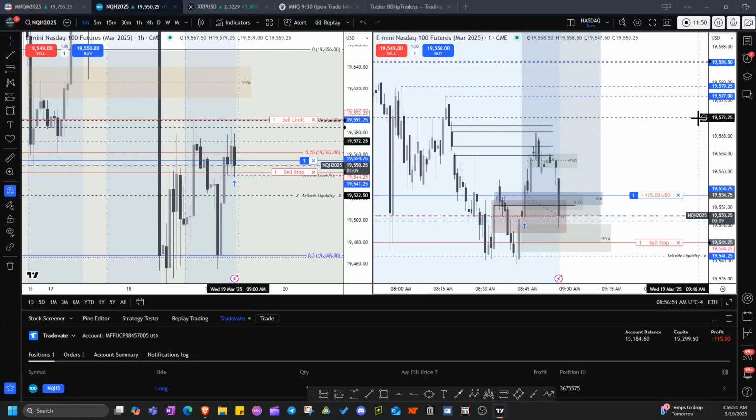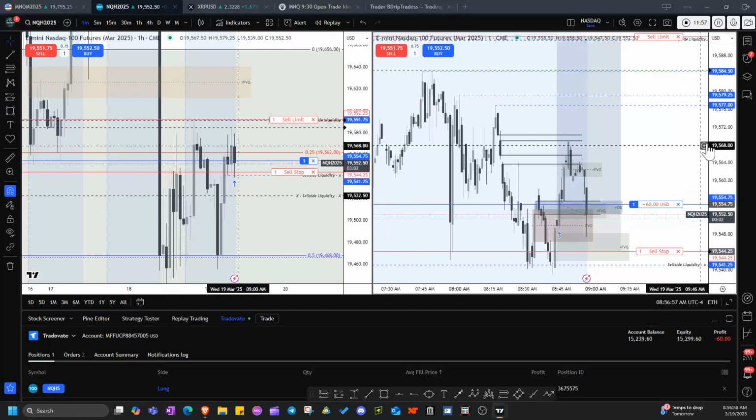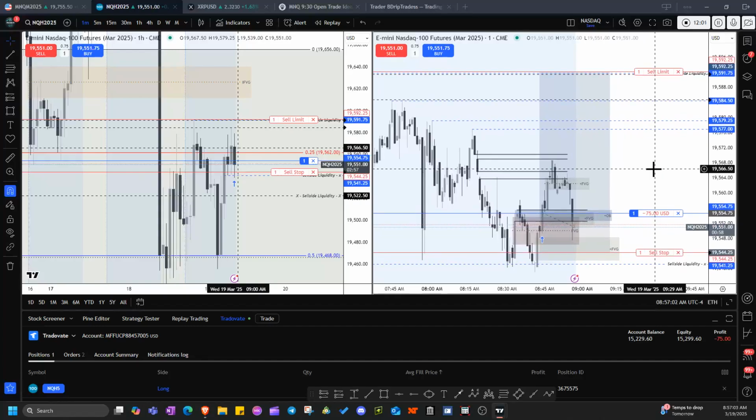We're currently down in drawdown right now. But ideally, we will see price respect this area and push higher if I am correct on bias. If not, we'll get stopped out here and we're calling it.